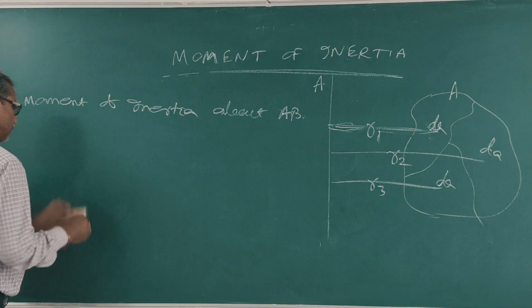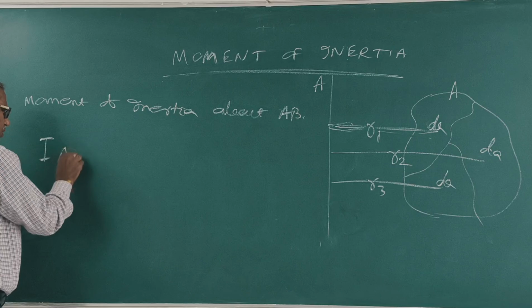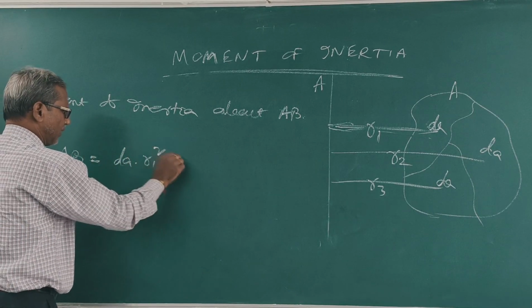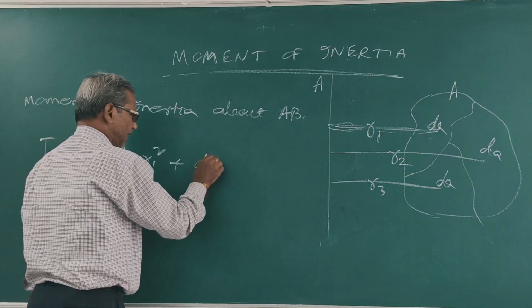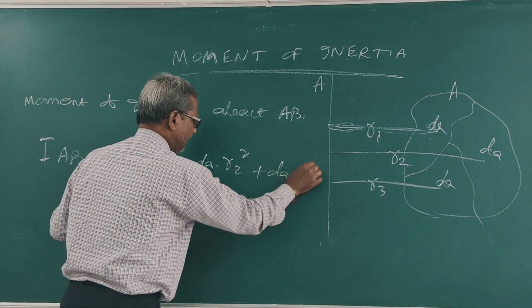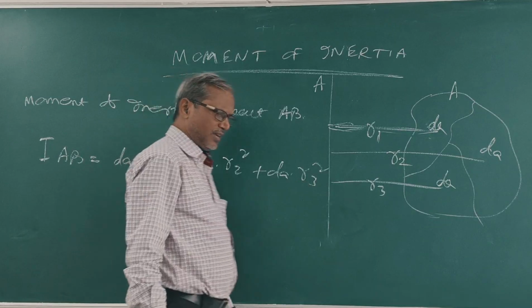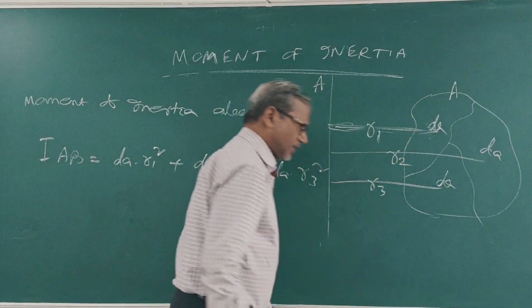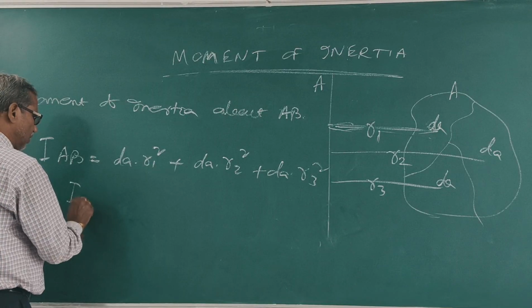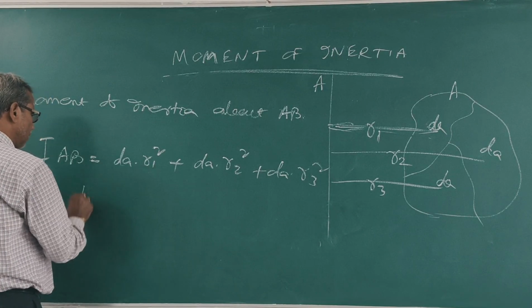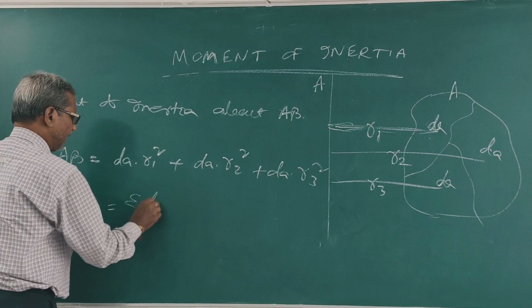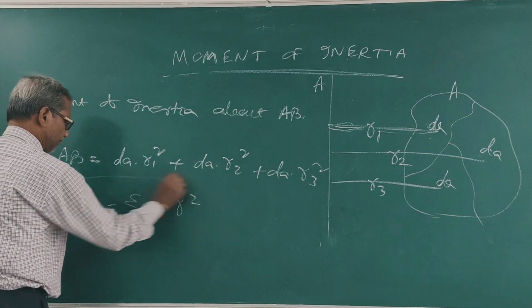IAB is equal to dA R1 square plus dA R2 square plus dA R3 square. Clear? So IAB is equal to sigma dA R square.